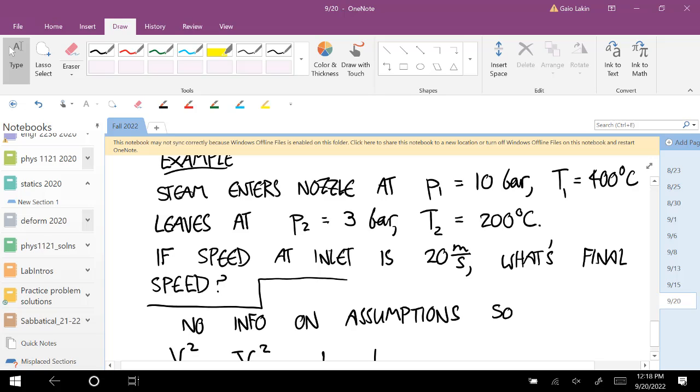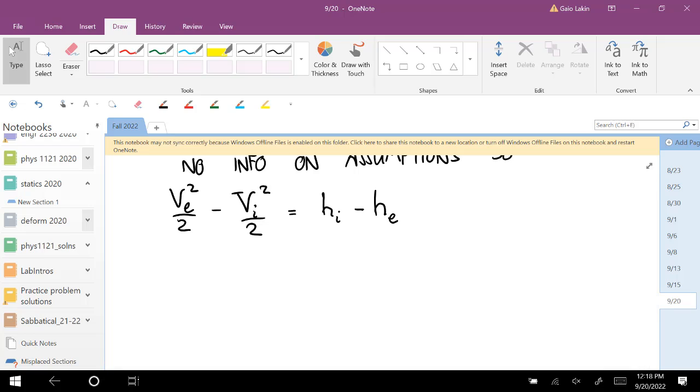This is dealing with steam, and we have the pressure and the temperature at both instants. If you're dealing with water, steam, remember that we have tables available for that. So from the tables, we're going to look up H1 and H2.